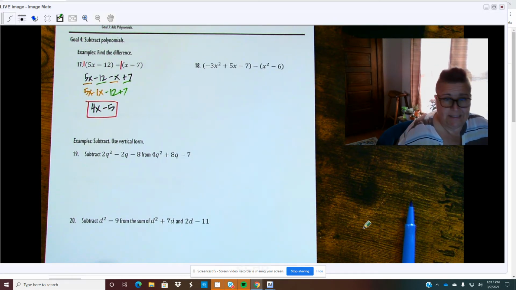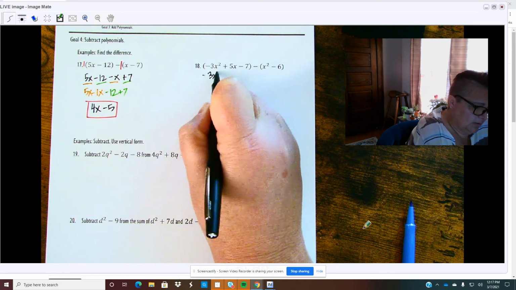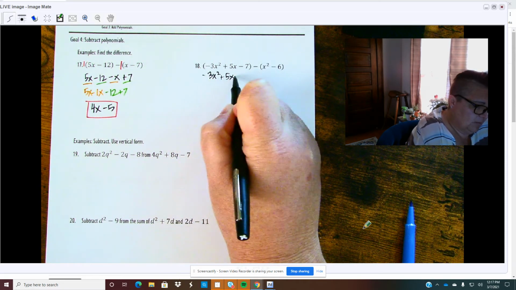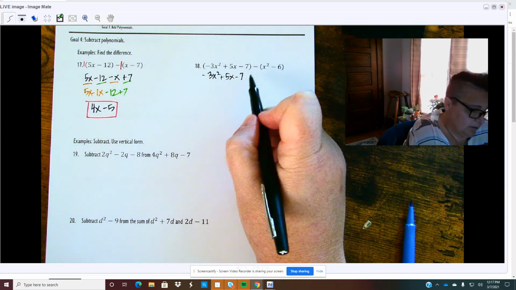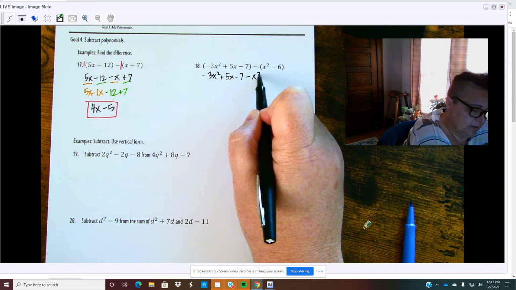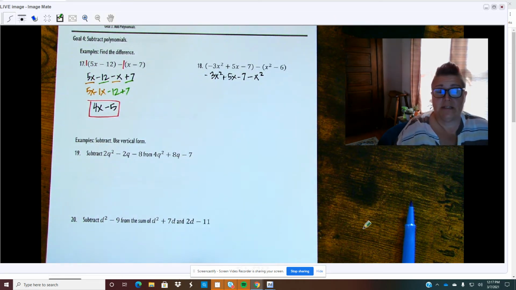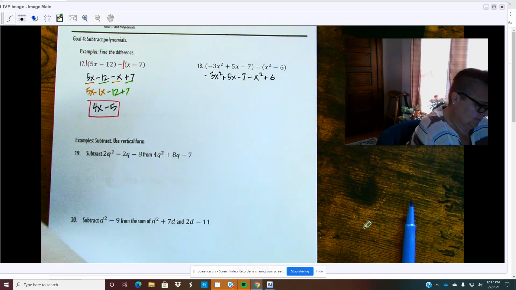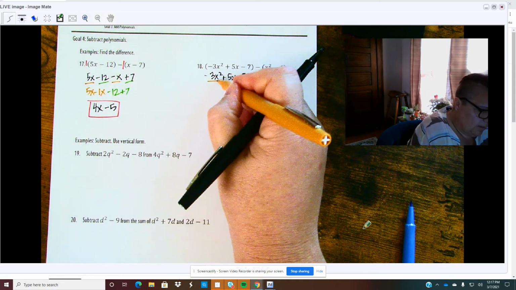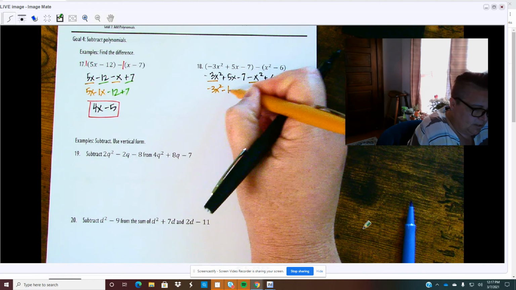Similarly, with number 18, I've got just one of the minus 3x squared plus 5x minus 7. And then I'm subtracting the x squared, which will be a negative x squared. And I'm subtracting a negative 6, because I have to subtract everything that's in that parenthesis. So I also have to subtract a negative 6. Minus a minus 6 is plus 6. So I've got a minus 3x squared, and I've got a minus 1x squared.